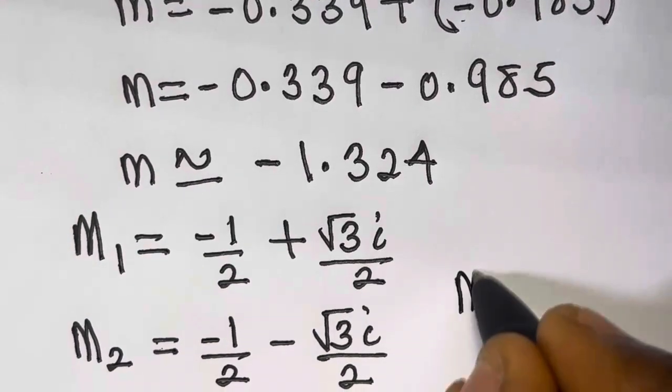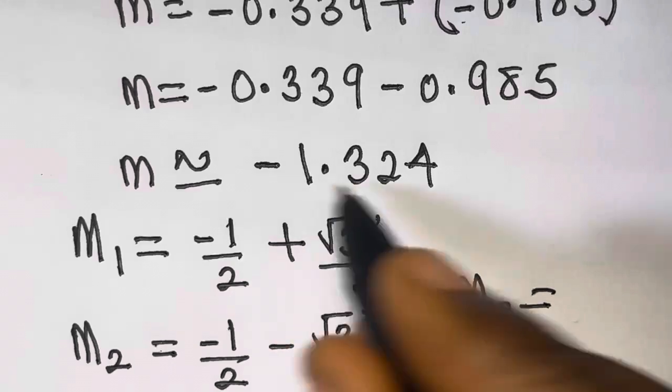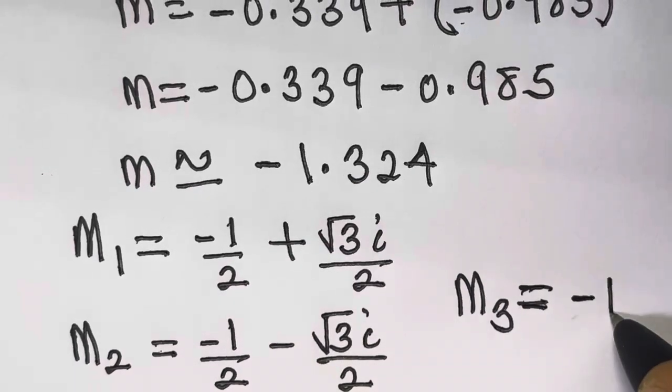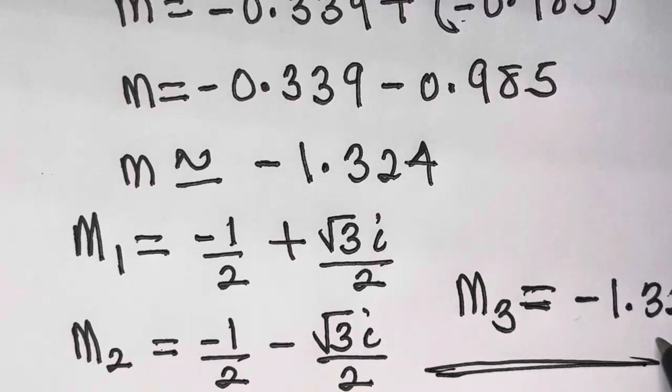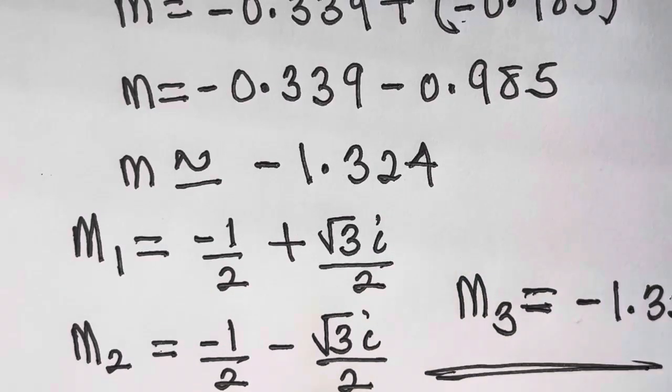And we have m3 equals minus 1.324. So these are the final answers, the three solutions that we have.